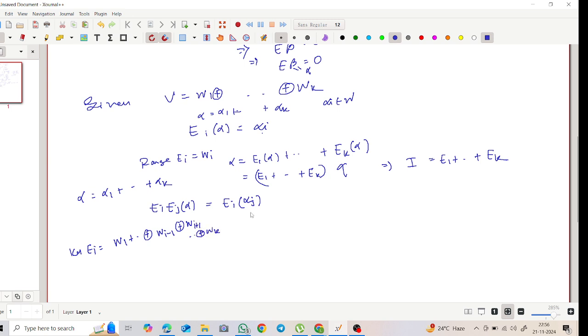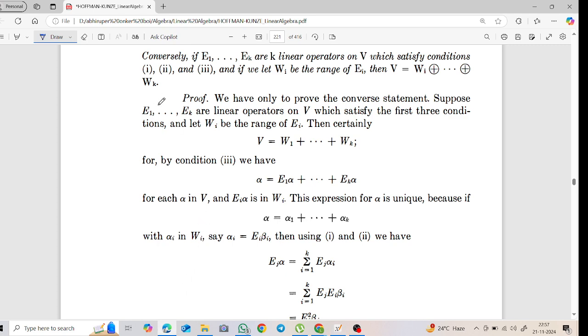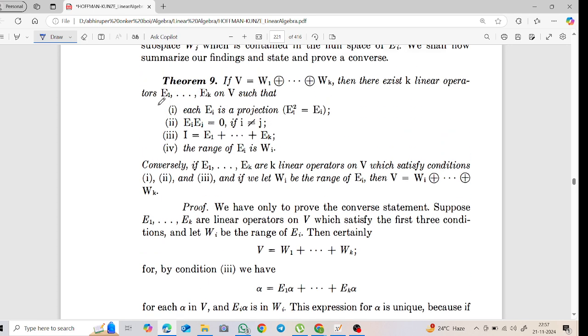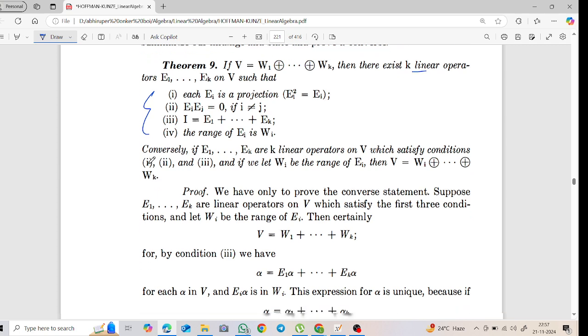So this alpha j is in the kernel, because i not equal to j. This is 0. So Ei Ej is 0. So the upper part of the theorem is proved, that there exist k linear operators which satisfy all four. Okay, so this is done.